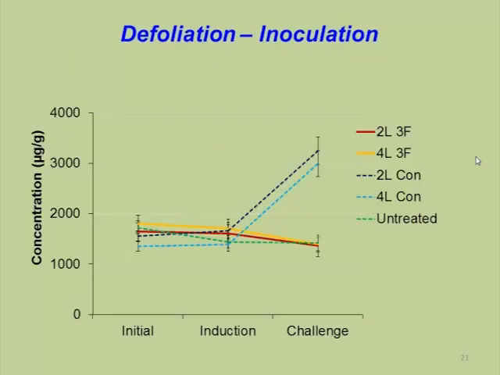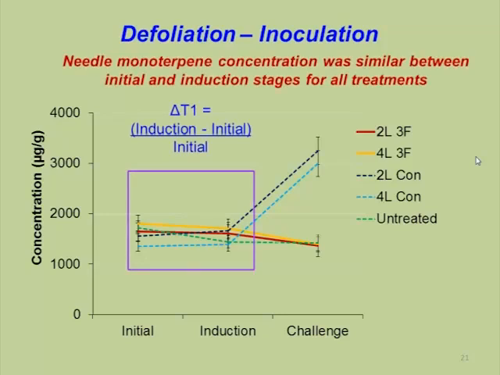We have a lot of results, but again, I cannot show everything. Just some of them I show here. If you look at the beginning, this is the monoterpene concentration in the tissue, and there is a huge variation between individuals. So we cannot really study it directly. What we did was look at the change of the monoterpene concentration from this point to this point.